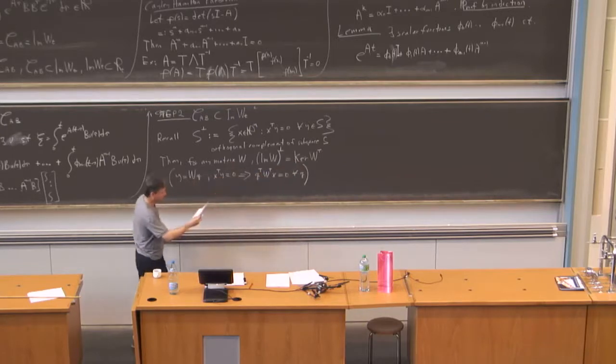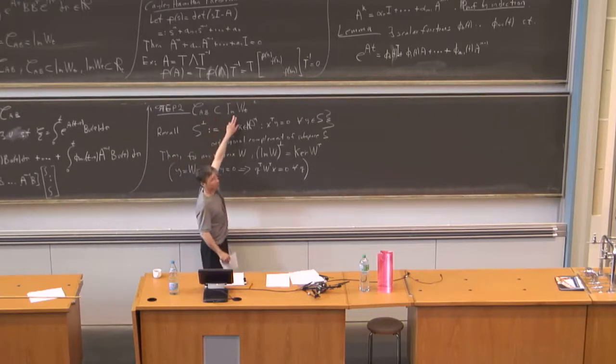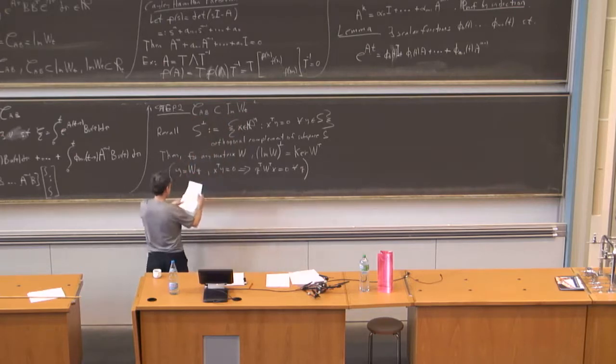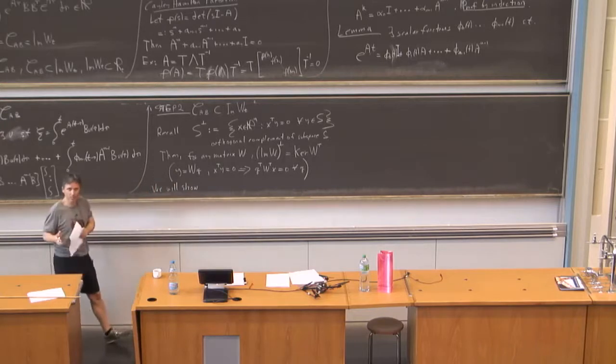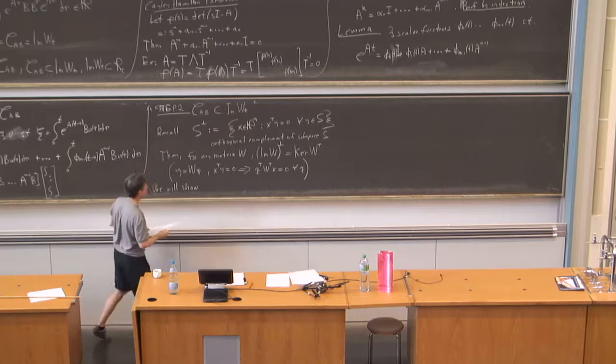Okay, so why do we care about this? Because instead of showing that this is a subset of this, we're going to show that the orthogonal complement of this is a subset of the orthogonal complement of this. If you want to show A implies B, that's the same thing as showing not B implies not A. Similar argument for sets.